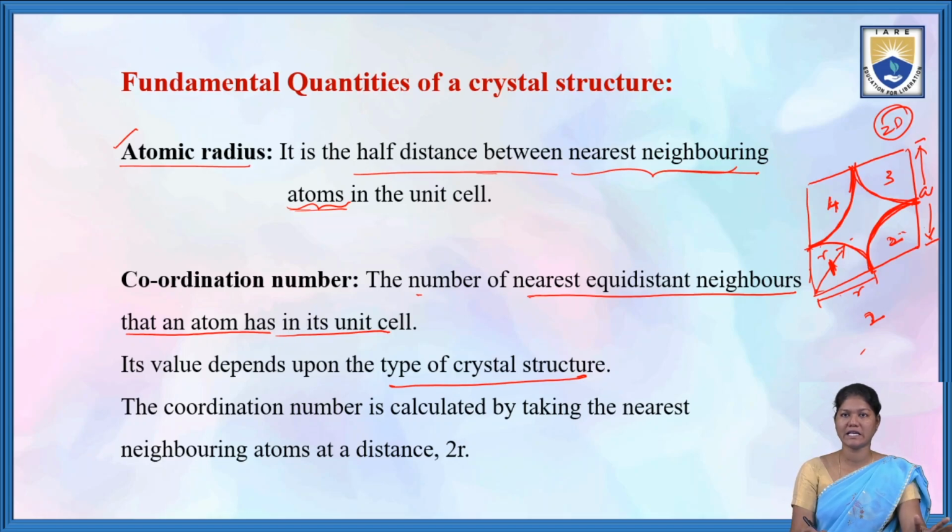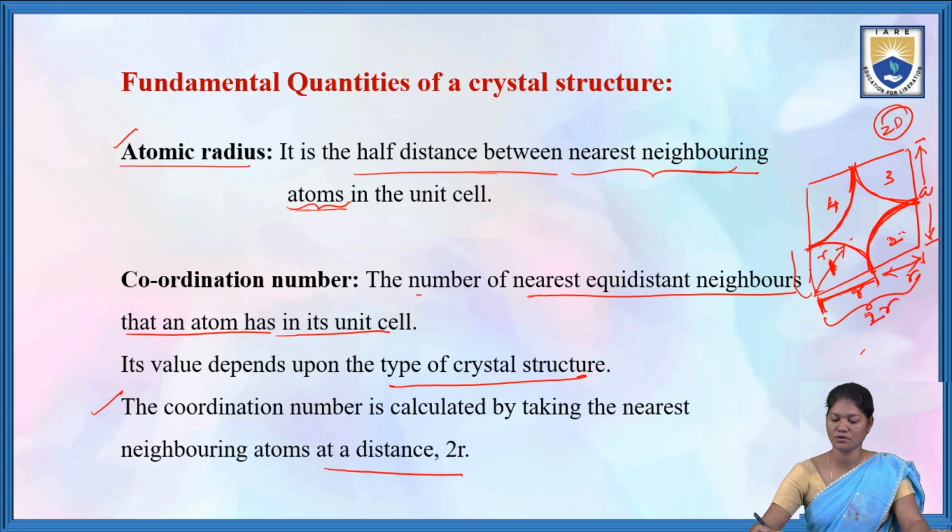The coordination number is the number of nearest equidistant neighboring atoms in the unit cell. It is calculated by taking the nearest neighboring atoms at a distance of 2r. The distance 2r means from here to here is r, and from here to here is r, so totally 2r distance.